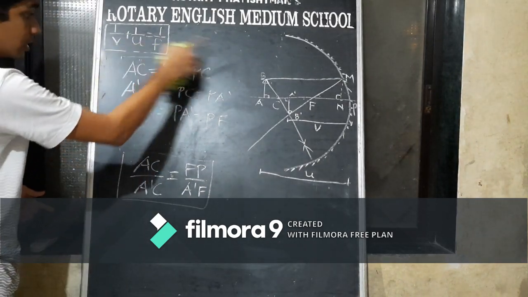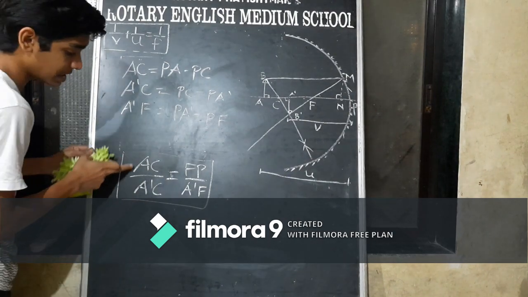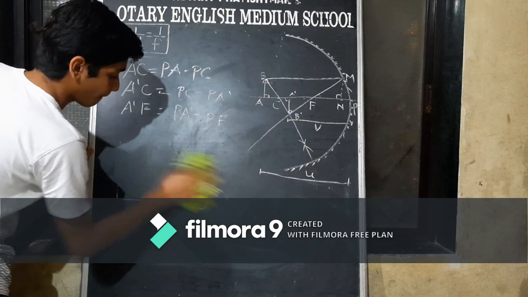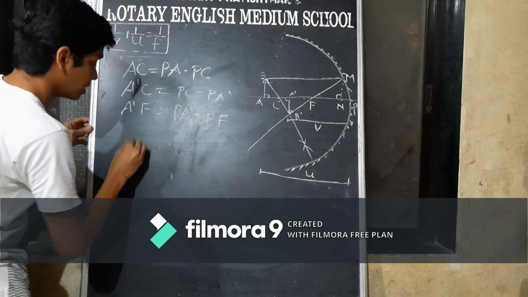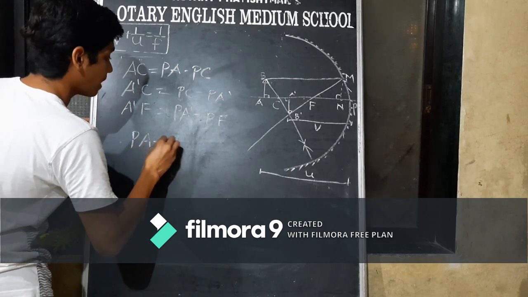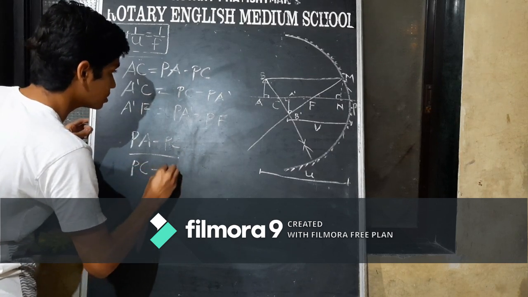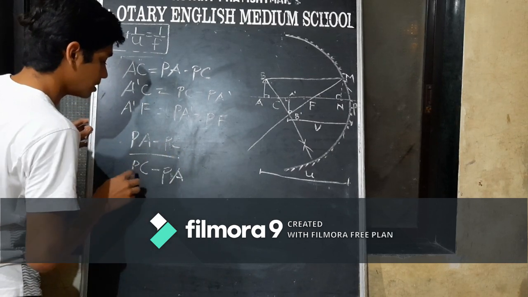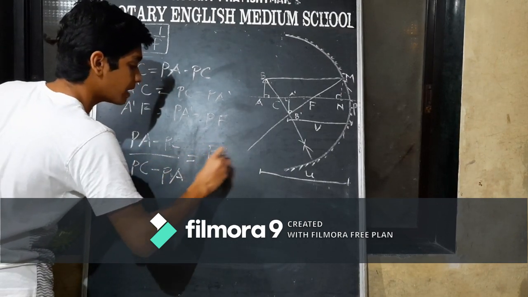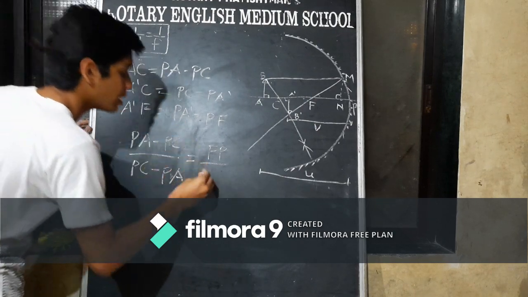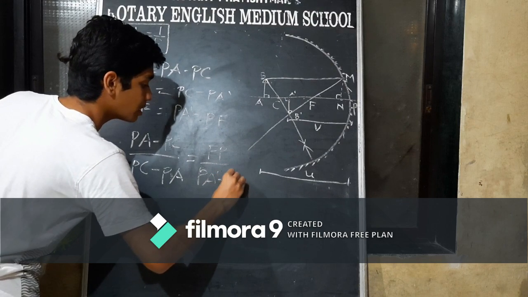Now let's put these values in this thing. Remember, AC upon A dash C equals FP upon A dash F. So AC upon A dash C is PA minus PC upon PC minus PA dash, equal to FP, which stays as it is, upon A dash F, which is PA dash minus PF.